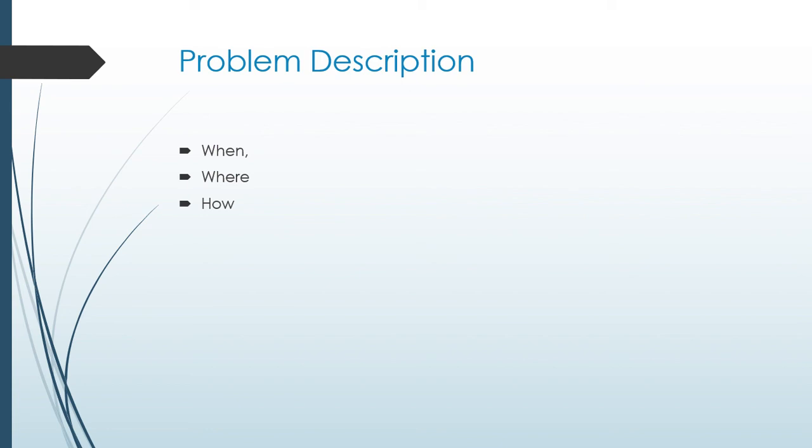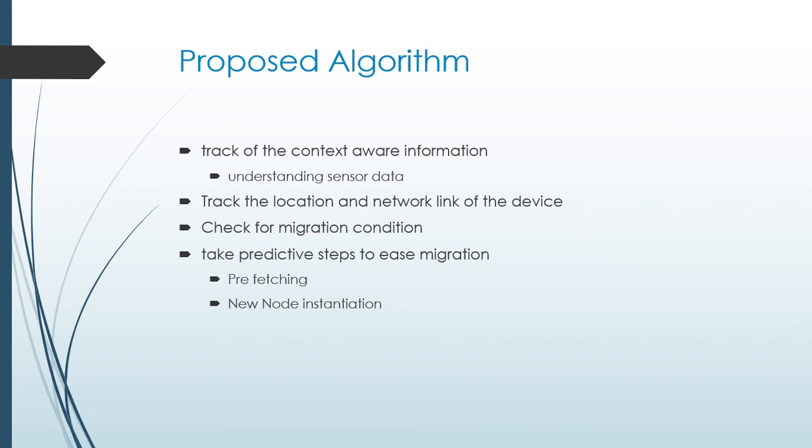So what techniques do we use to migrate to another one? That's what we are going to be seeing in the next slide. The proposed algorithm works like this. Usually fog networks don't keep track of the context aware information.